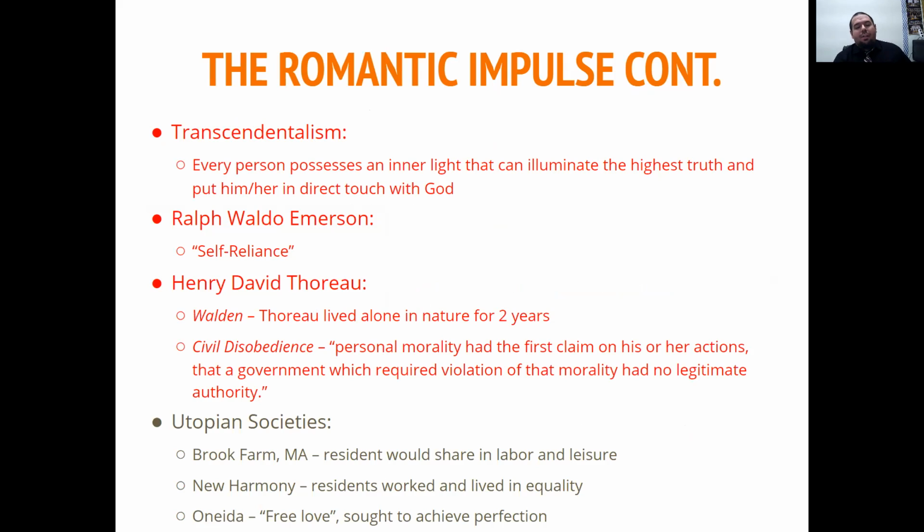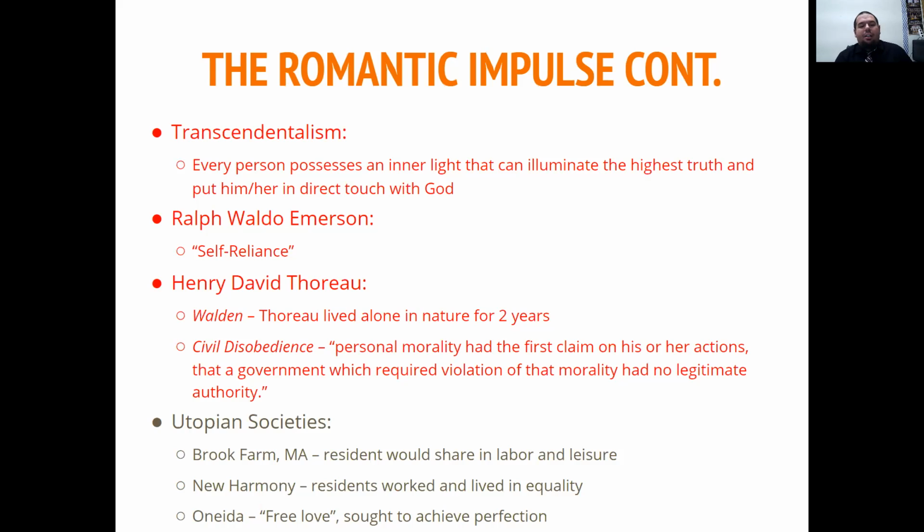Two very famous transcendentalists: Ralph Waldo Emerson, who wrote about self-reliance, and Henry David Thoreau, who wrote Walden, where he lived alone in nature for 2 years and wrote about his experience. He also writes about civil disobedience, the idea that personal morality had the first claim on his or her actions, and that a government which required a violation of that morality had no legitimate authority.